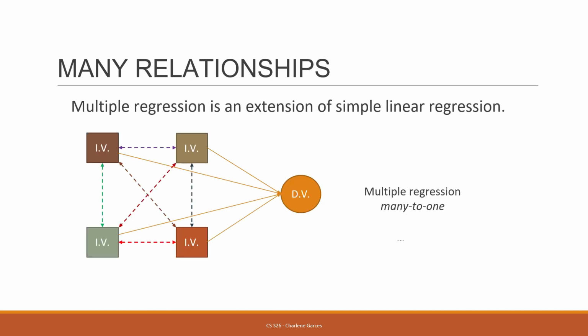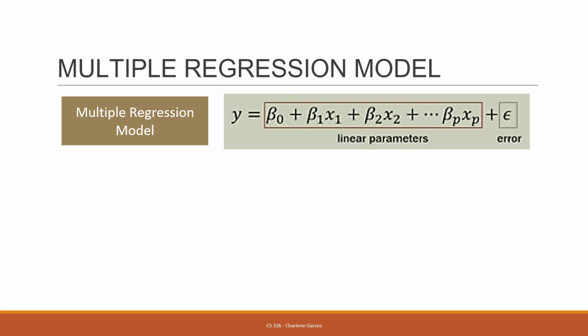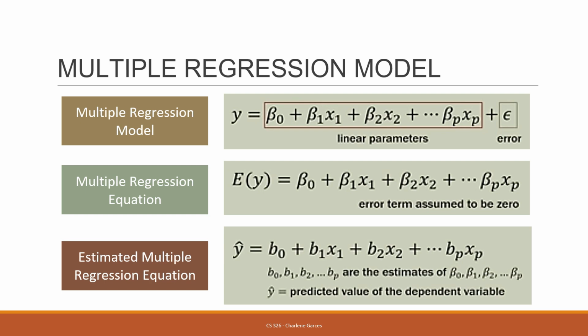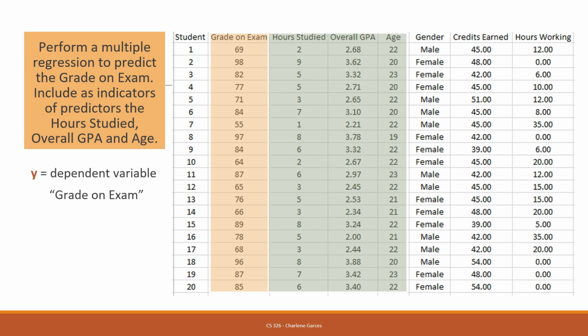So for now, in this study, we have three variables. So this is a multiple regression model. The Y is the grade on the exam, the dependent variable. The X1, X2, X3 are our independent variables, or variables that change or vary.